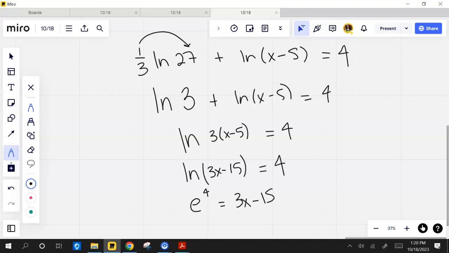E is the button above LN. So if you hit second LN, it comes up.